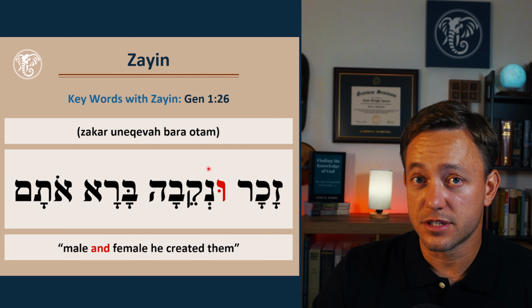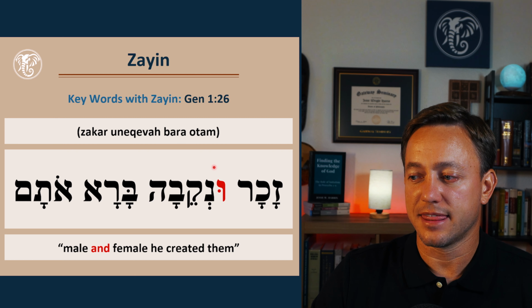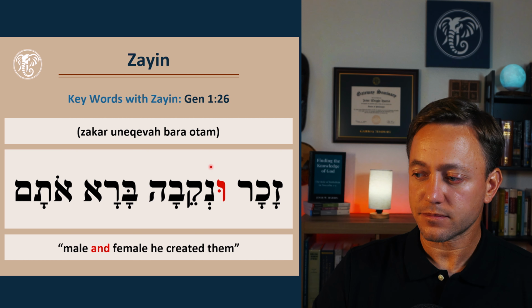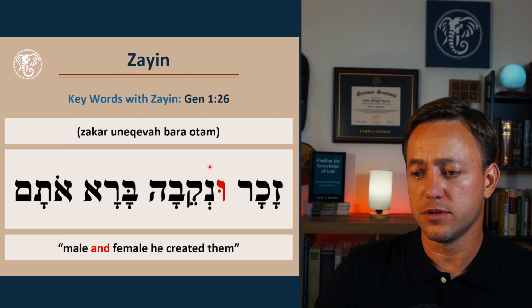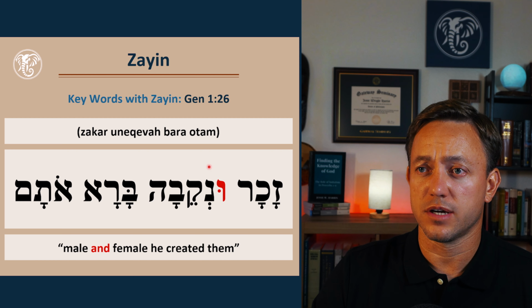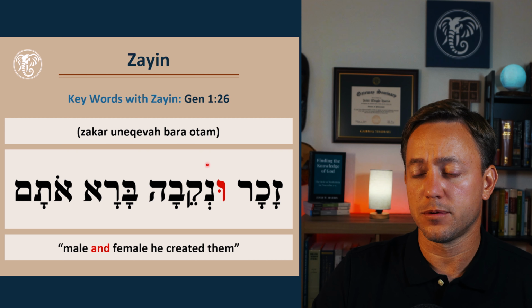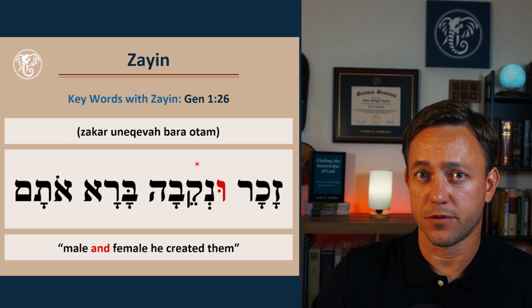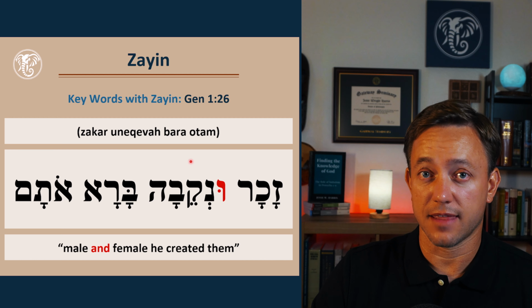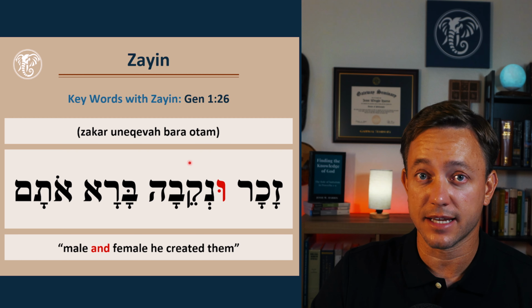So this is a really interesting and profound verse in the Bible. We definitely don't have time to talk about every aspect of it, but we have to think about this in terms of the ancient world. So in the ancient world, it was very common for people to think of people as not equal, right? So they believed that kings were more divine and that the peasants were like trash, literally of a different kind.